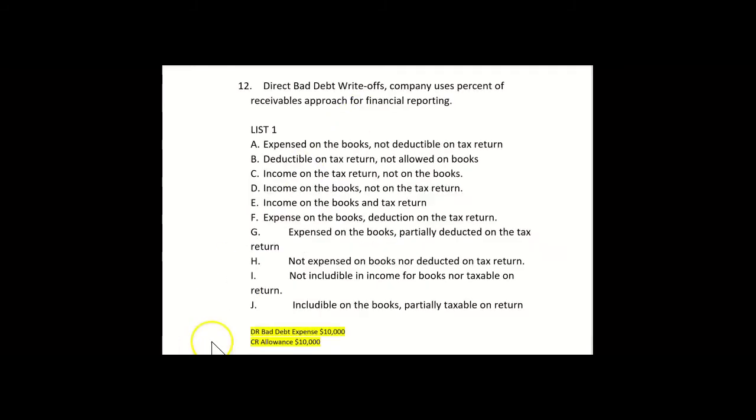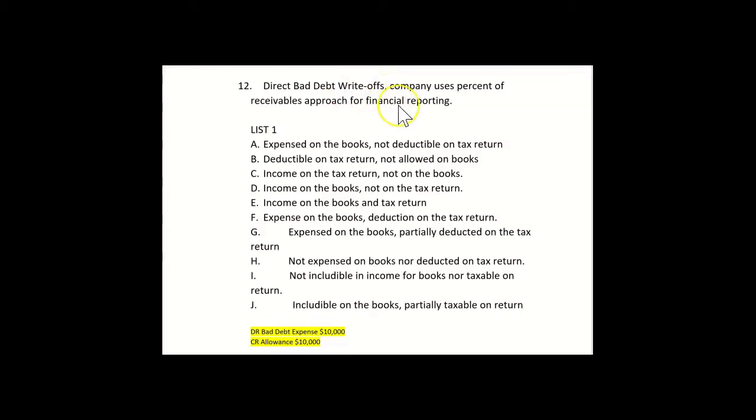Each year the company makes this journal entry at year end. Based on an estimate, they debit bad debt expense, the income statement, and credit allowance for doubtful accounts, a balance sheet account. So they estimate their bad debts on the income statement every year, so that when they have a direct write-off, there's no income statement impact at all.